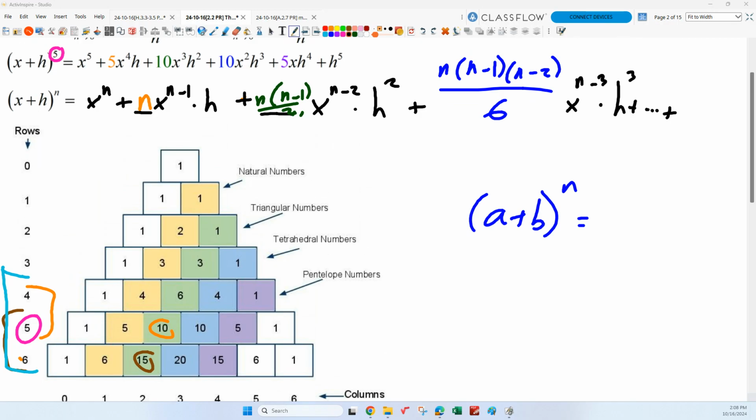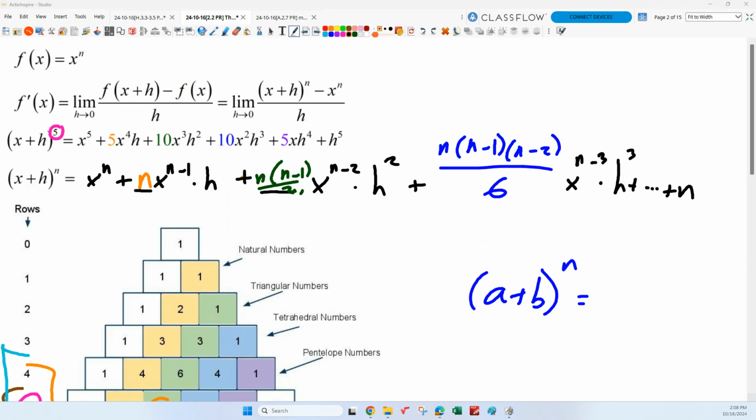So what's the coefficient going to be for the second to the last term? N, right? It's going to be the row number. So we get n times what power of x? That's the second to the last term. Well, what's going to be the power of x in the last term? It's going to be 0, isn't it?